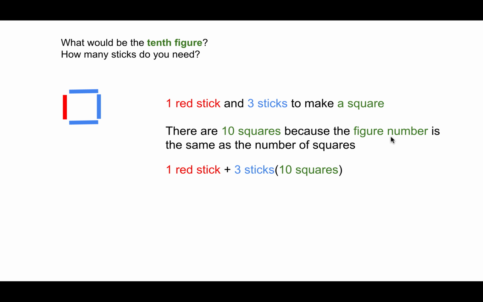So I can write it as my 1 red stick plus 3 sticks multiplied by 10, because this is to make 1 square, and I want 10 squares. Because again, 10 squares is the same as the figure number. So 10 multiplied by 3 is 30, and 30 plus 1 is 31. So the 10th figure should have 31 sticks.